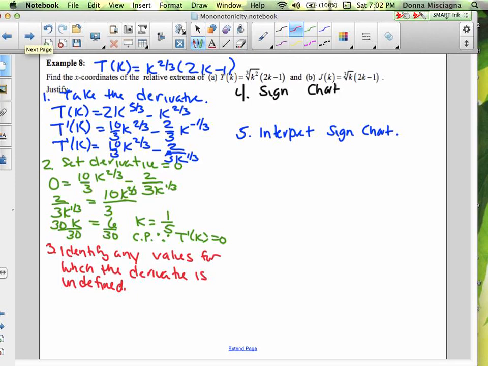So t prime of k is undefined when k equals 0, because 2 divided by 3 times 0 to the 1/3 is undefined.